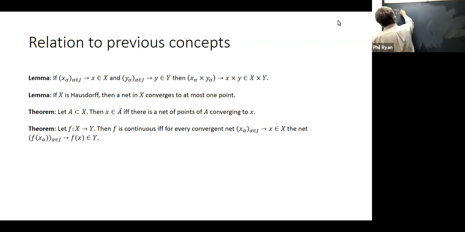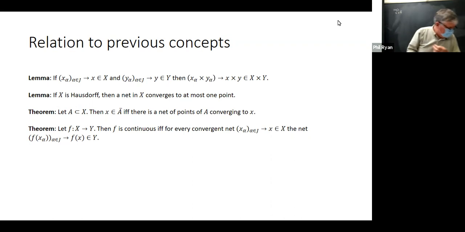Let's say X is in the closure of A. What we're going to take for our directed set is neighborhoods of X, partially ordered by inverse inclusion.